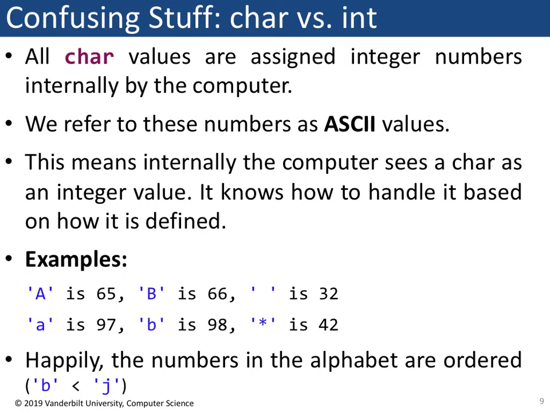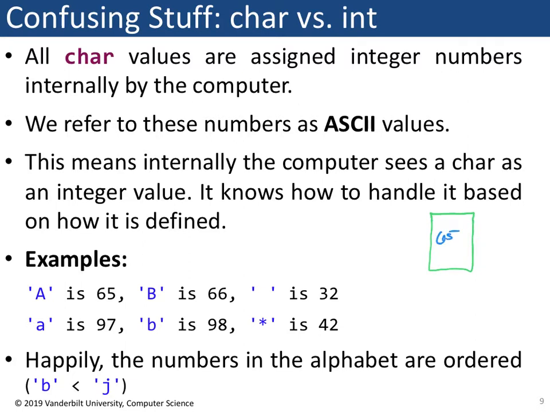So interestingly, these numbers are integers, and a char can be interpreted as an integer. So think of it this way. We have some memory location in a computer, and we want to store the letter uppercase A. So what happens is our computer, or our Java program, will write down in that memory location the number 65.